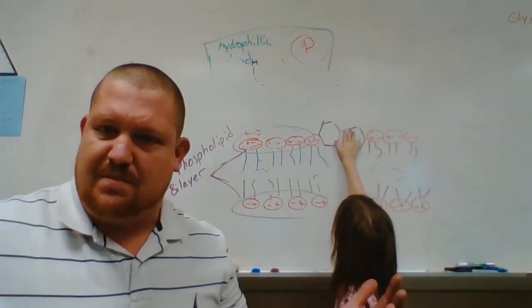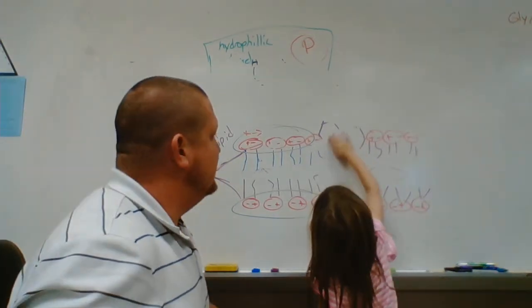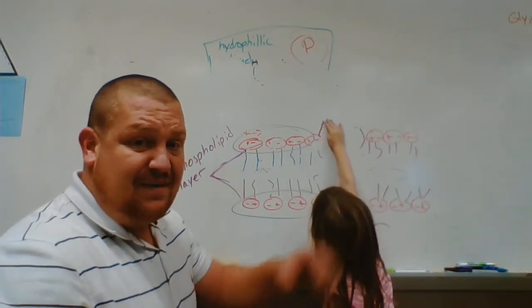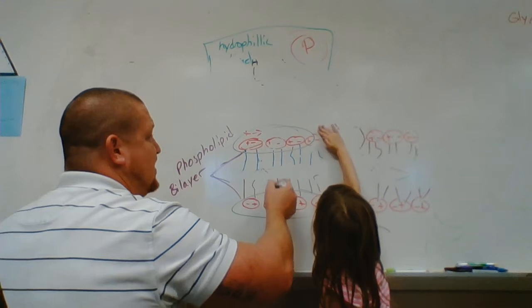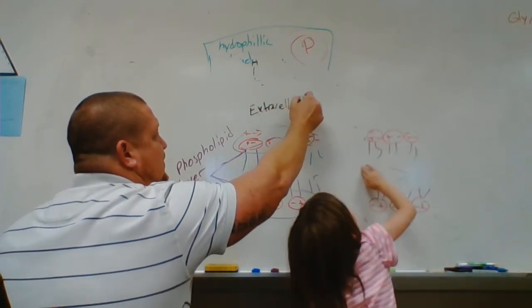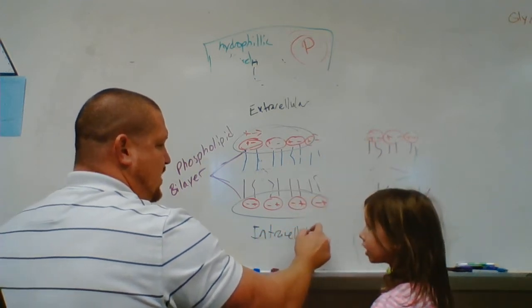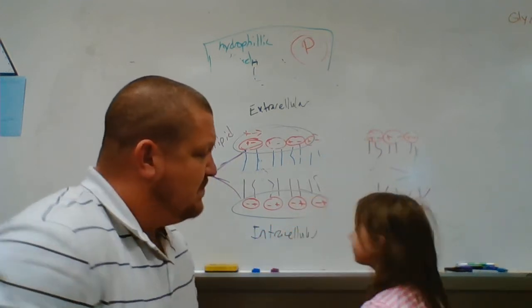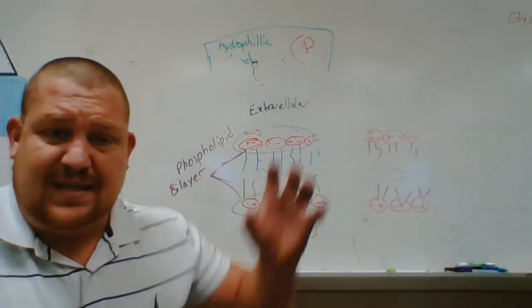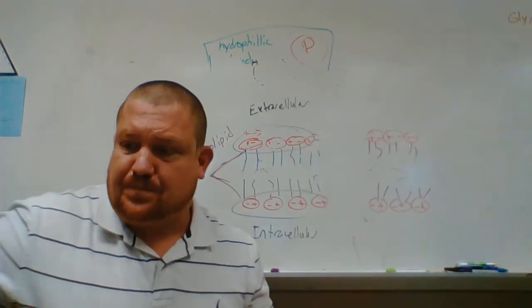Most of our body is water; we're like 70% water, something like that. So it interacts with the things outside of the cell. If this is the cell, this is the outside, the extracellular zone, and then the intracellular zone. Thank you for trying to clean my board. So these things interact with the things in the extracellular and intracellular matrix very well.